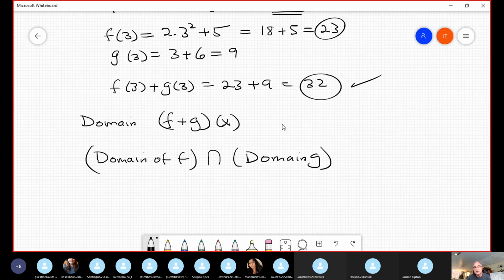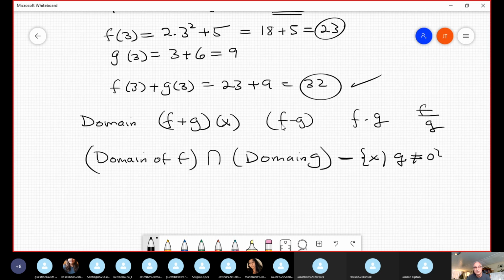And no subtracting anything because it is not division, it's addition. This formula is valid in addition, subtraction, and multiplication. In division, no. In division, you need to exclude the x such that g is 0. It's the zero of the denominator.